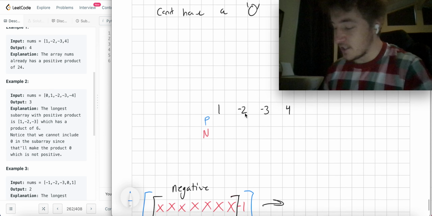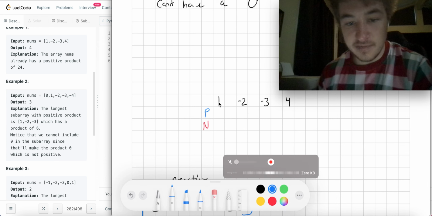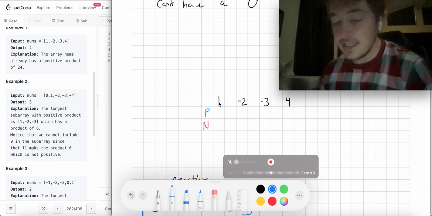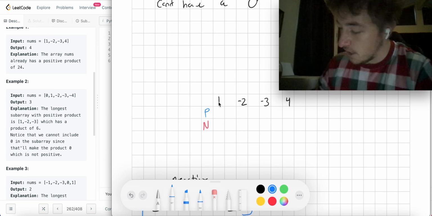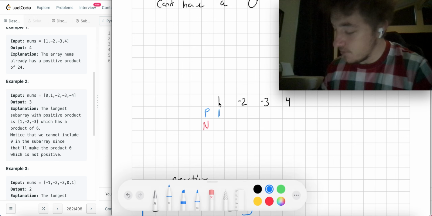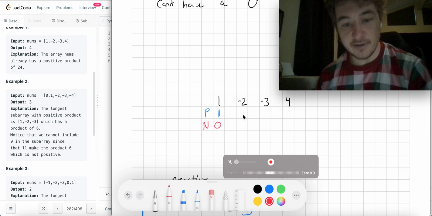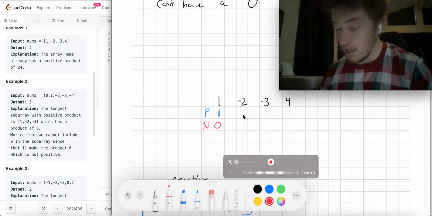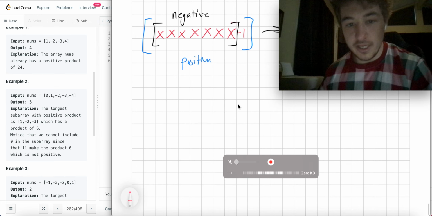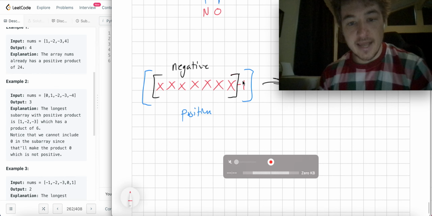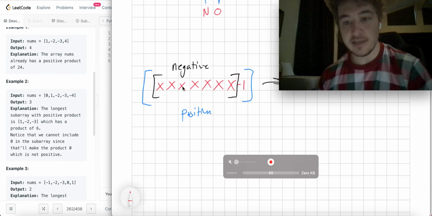So what I'm saying is, for this example, what's the longest positive here? The length of the longest positive is 1. And the longest negative, 0, because there's nothing negative yet. Okay, what about at this case here? Well, if you have a negative number, okay, so looking at this example here, the negative number can only make something positive if there's something negative previously.